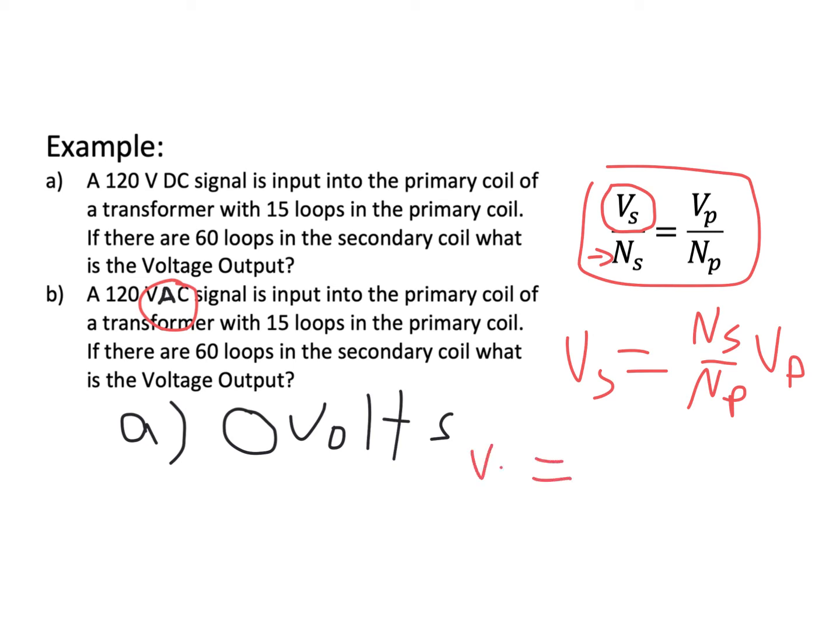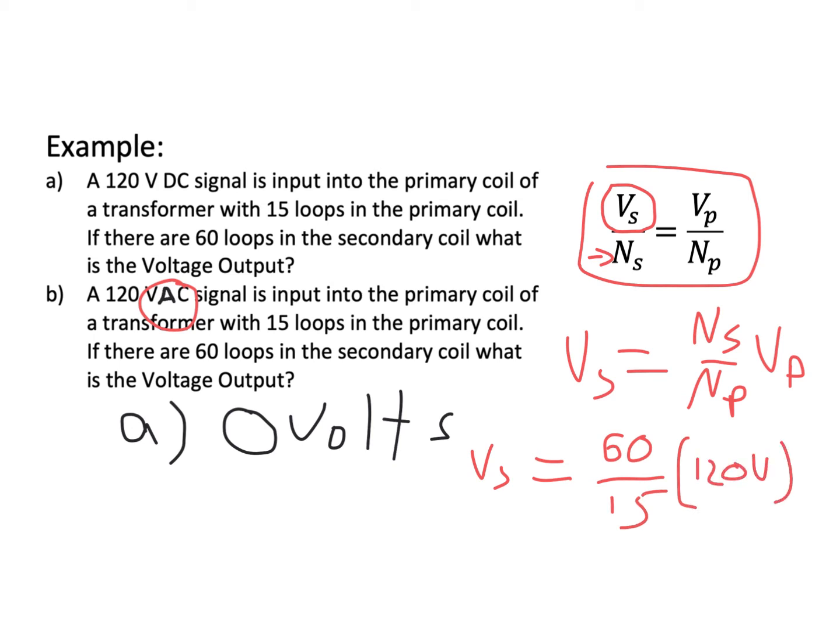So my Vs is going to be, the number in the secondary coil is 60, divided by the number in the primary coil, which is 15, and then that's going to be times the voltage in the primary coil, which was given to be 120 volts.